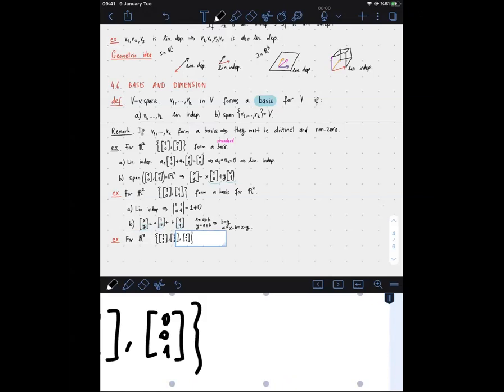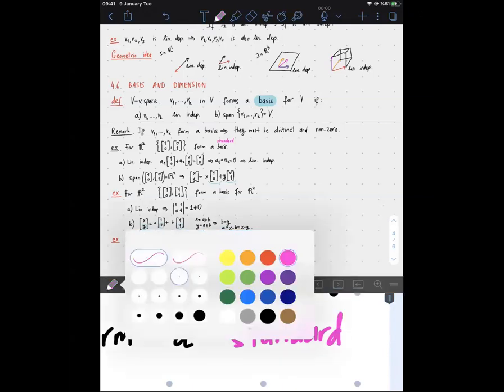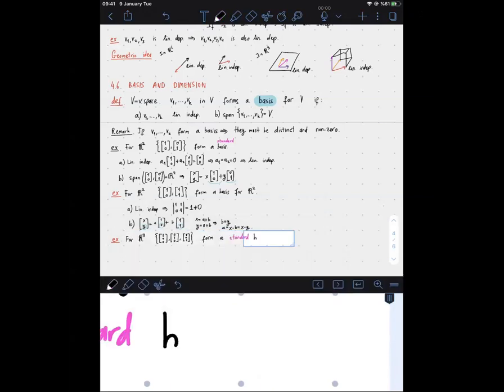This is called the standard basis. Sometimes in physics they are called the i, j, k vectors.